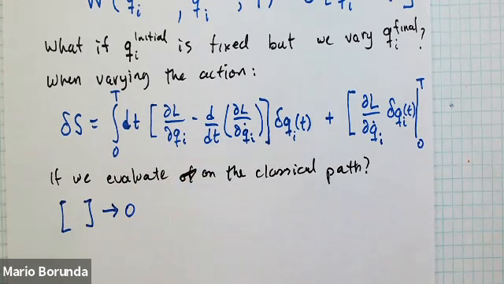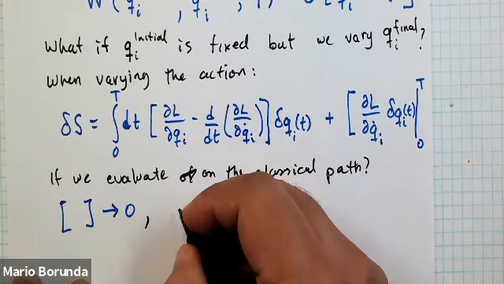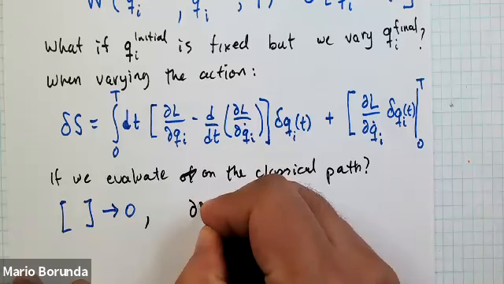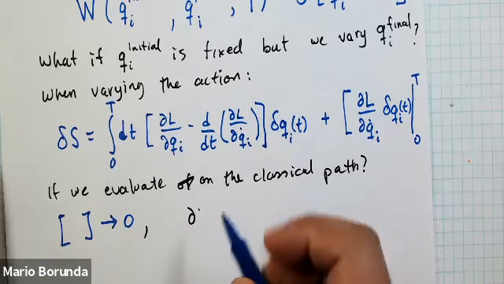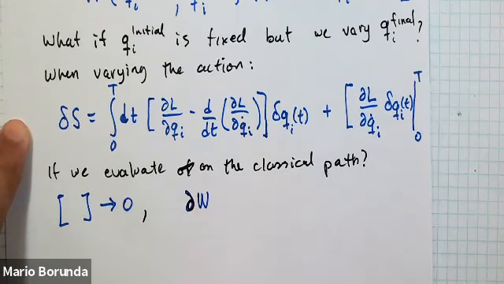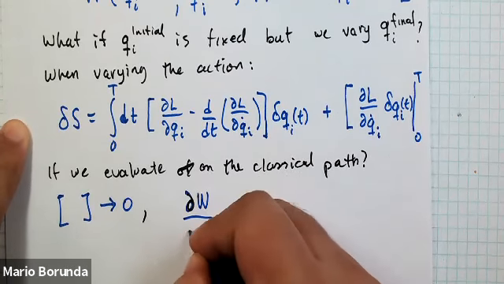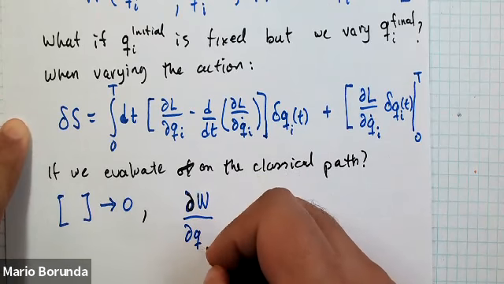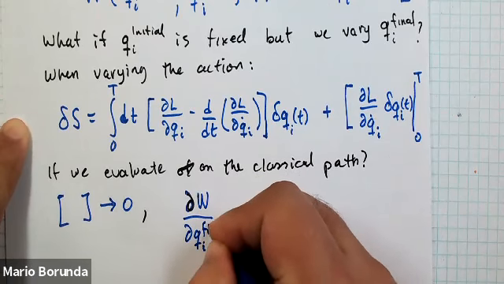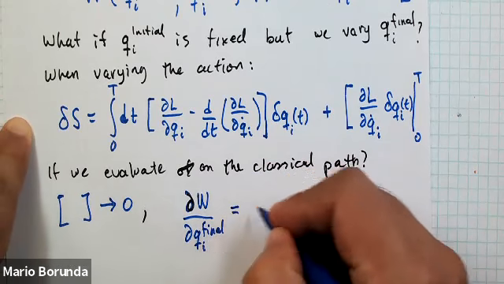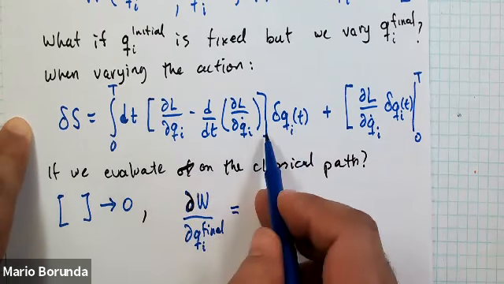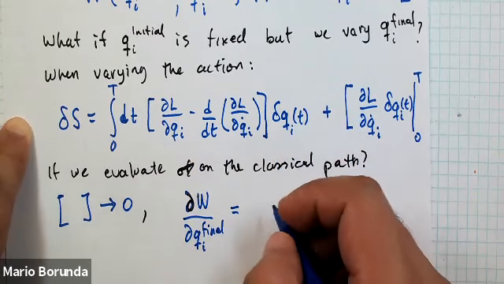So this one goes to 0. And what we have now is that this guy, the W, when we are doing this Q with respect to the final, is equal to the other terms that are left there. So this one went to 0, so we're just left with this part right here.